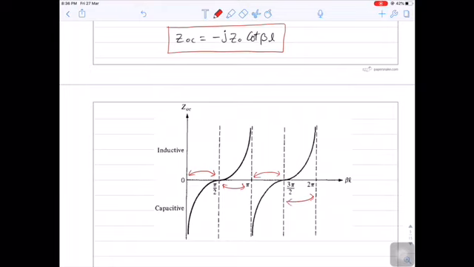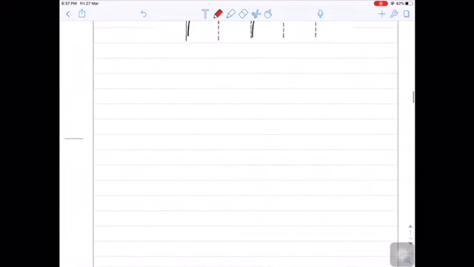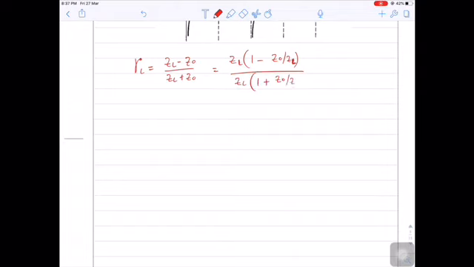Let us observe what happens to the reflection coefficient gamma L in this case. The reflection coefficient gamma L is equal to (ZL minus ZO) by (ZL plus ZO). If you take ZL as common in both numerator and denominator, ZL into (1 minus ZO by ZL) by ZL into (1 plus ZO by ZL).